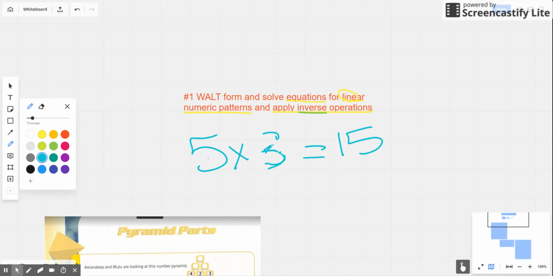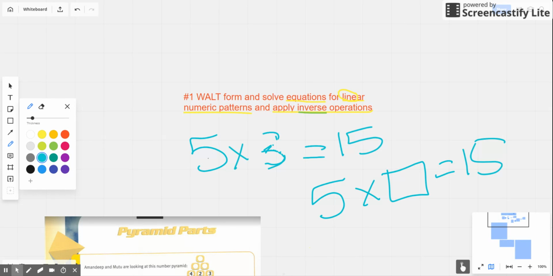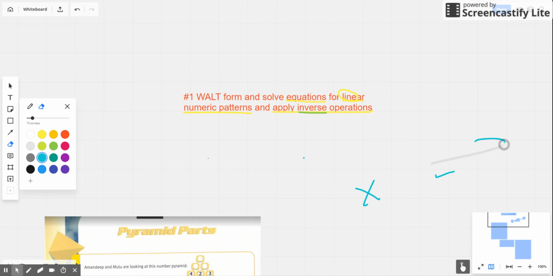But an inverse operation would be looking for something that is missing, okay, so 5 times something equals 15, and you're looking at, well, I know that 15 divided by 5 is 3. So it's working backwards.